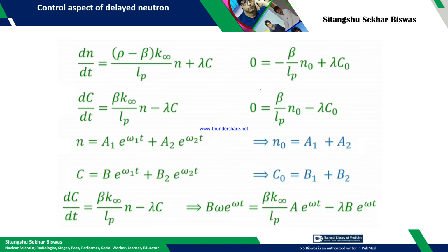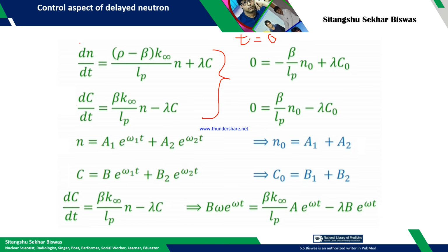Now from these two differential equations, we will consider the boundary conditions, where at t is equal to 0, the system is in steady state. Okay. So at that time no reaction has started, fission has not started.